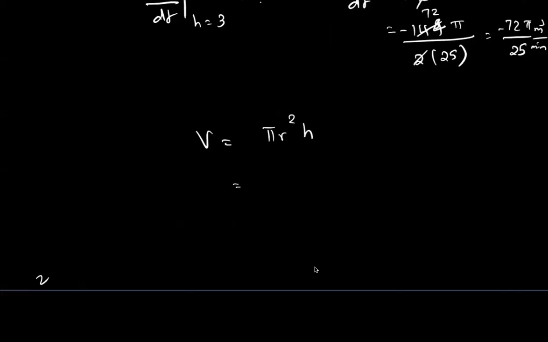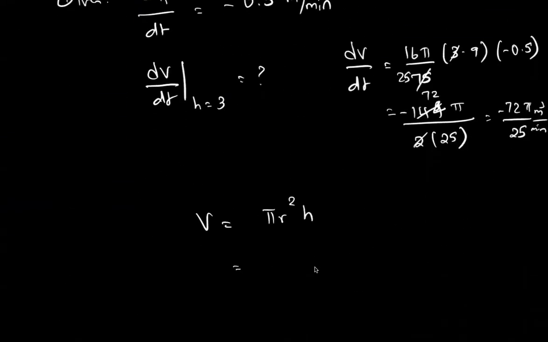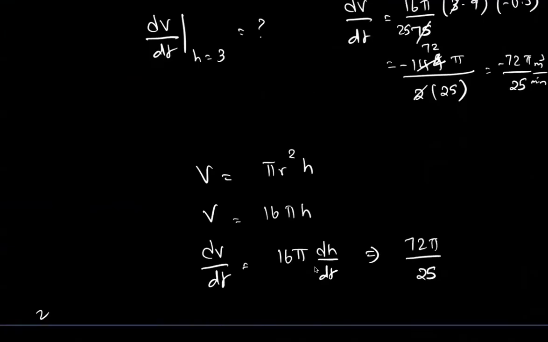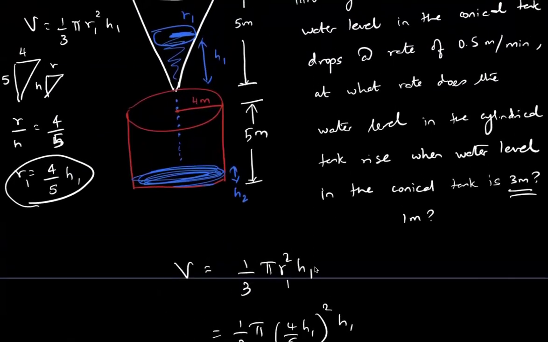Here the radius is a constant, given to be 4 meters. So 16 pi h is the volume of the cylinder, which means dV/dt is 16 pi dH/dt. We already know that the rate is 72 pi over 25. I'm dropping the negative here because the volume of the cylindrical tank is increasing.